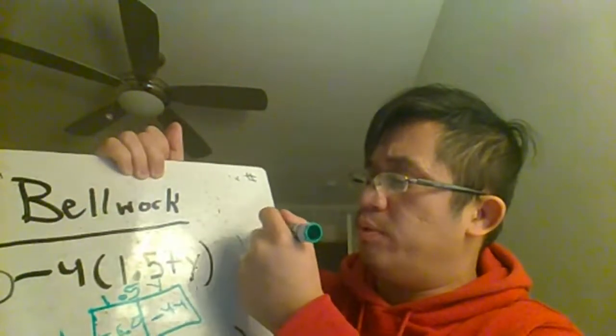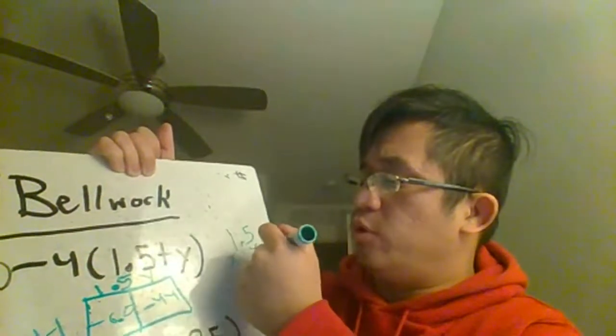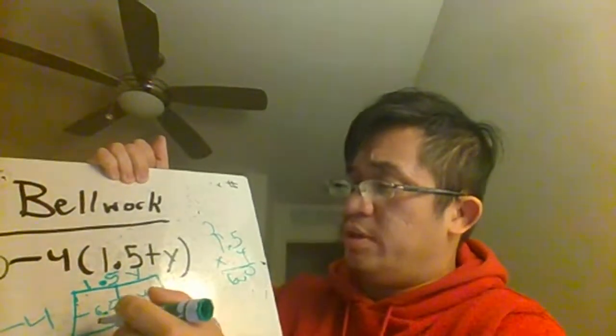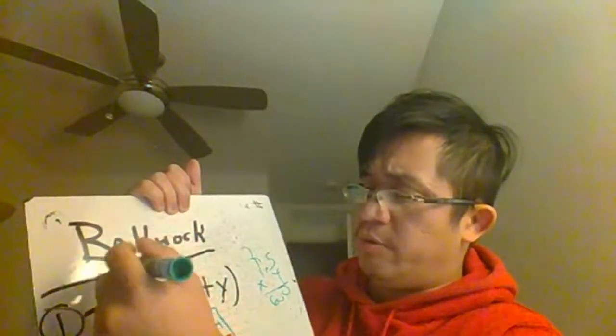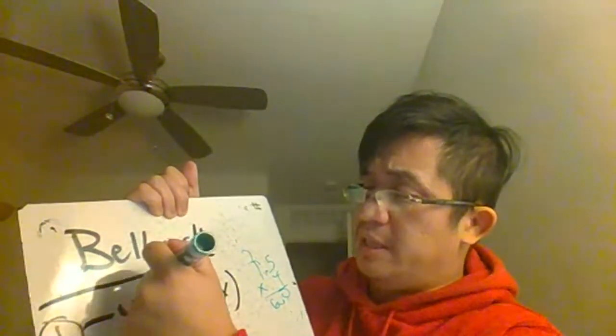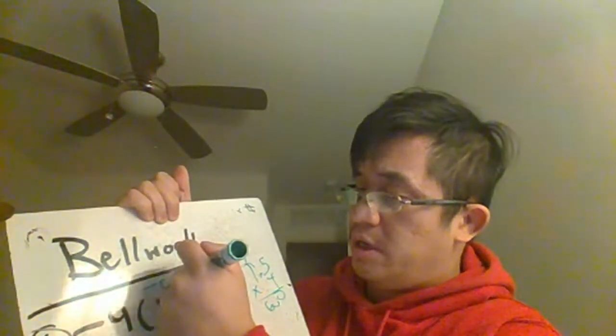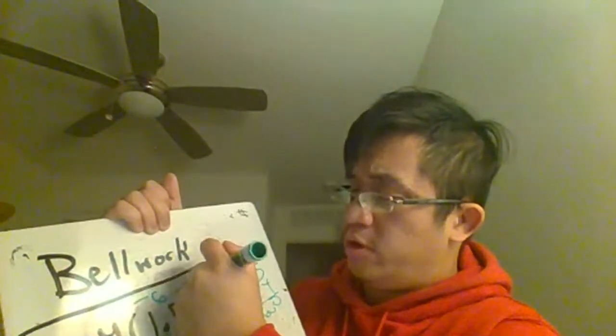So 1.5 times 4, that's 20, carry the 2, 6, and put down the 0. So our final answer, when we simplify this, is -6 minus 4y.